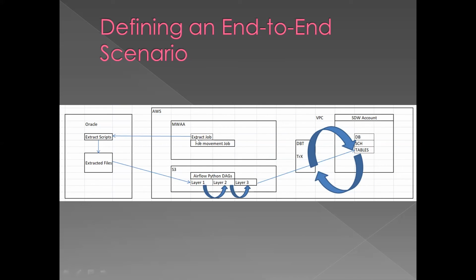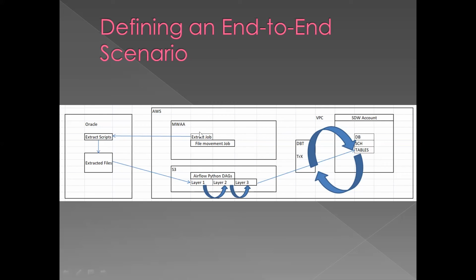So let's see what happens. MWAA is a managed Apache Airflow instance. So here we can create multiple Apache Airflow jobs, and these Apache Airflow jobs are nothing but DAGs which run in Python. Whatever Python scripts are required by MWAA are placed in this S3 folder, right?